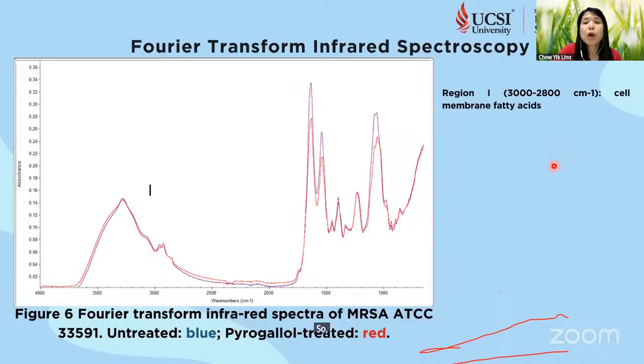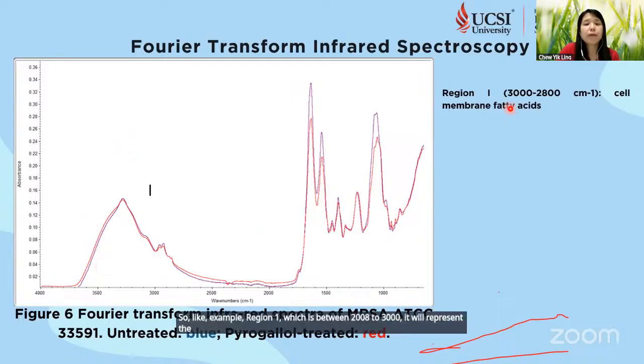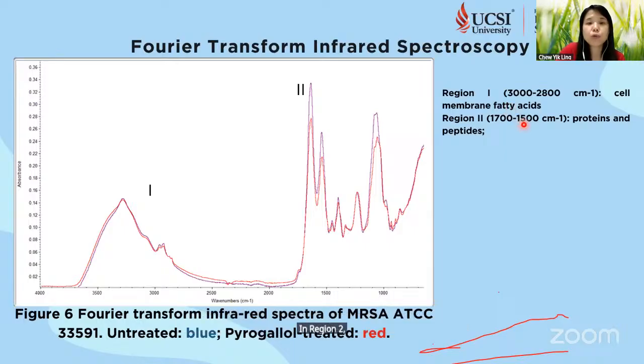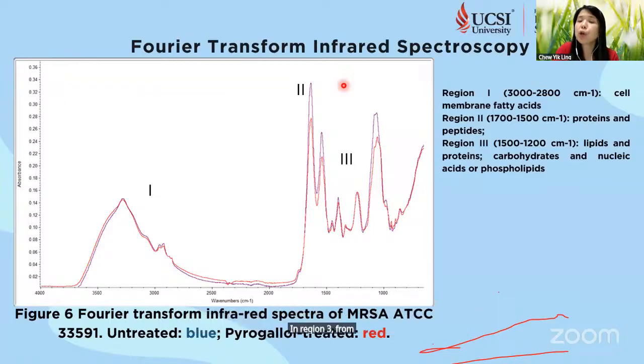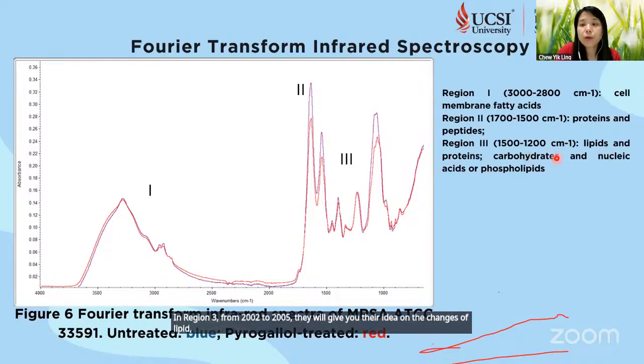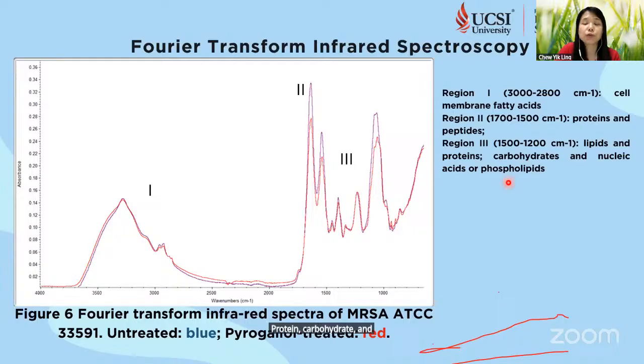For example, region 1, which is between 2800 to 3000, represents the cell membrane fatty acids. Region 2, from 1500 to 1700, gives you an idea on the protein and peptides of the MRSA. Region 3, from 1200 to 1500, gives you an idea on the changes of lipid, protein, carbohydrate, and nucleic acid, or even the phospholipid of the cell membrane.